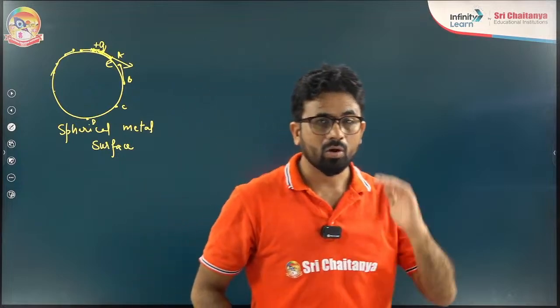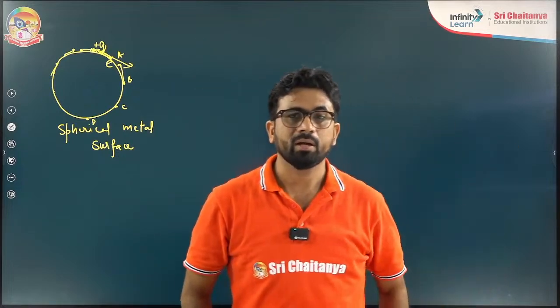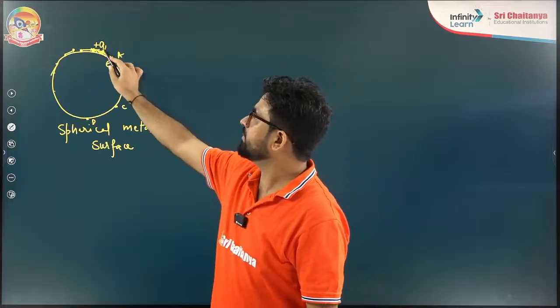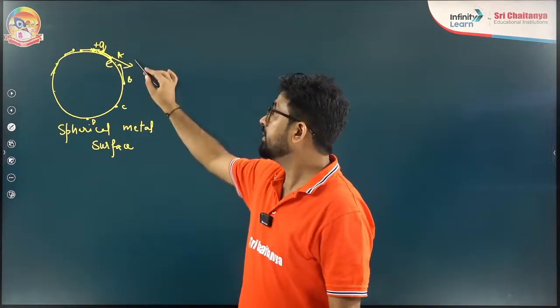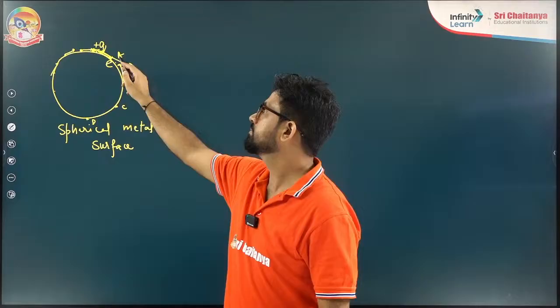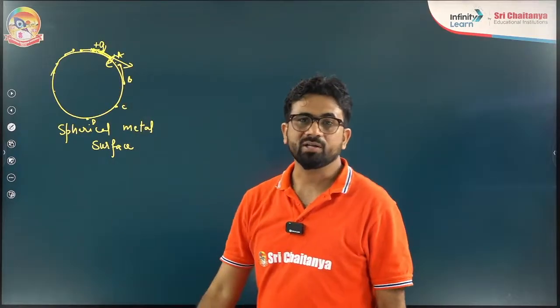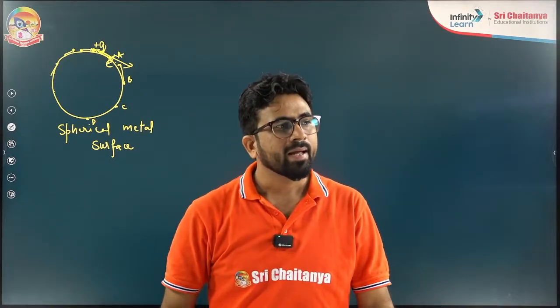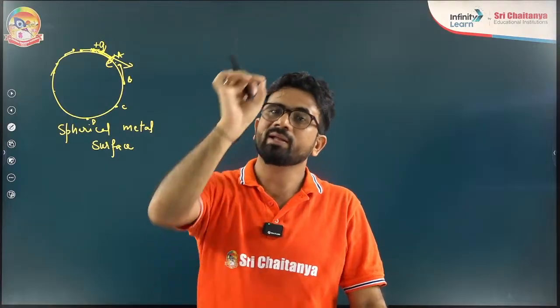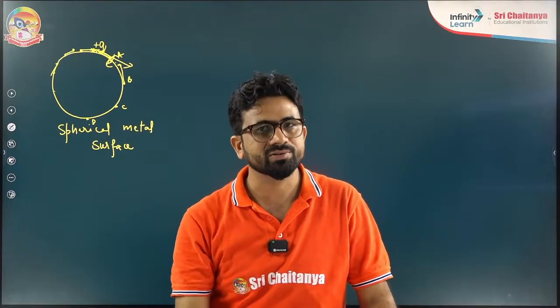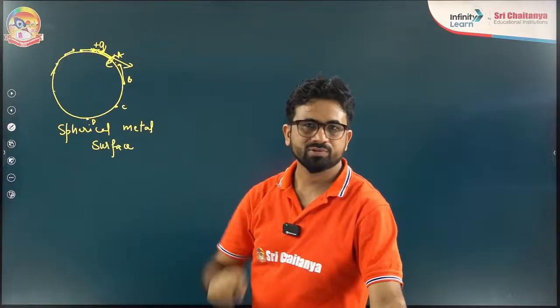Now what is happening? Common sense. If an electron is moving from A to this Q, then it leaves a charge here. Initially it was neutral, and if a neutral body loses negative charge, it becomes positively charged. That means point A becomes positive.